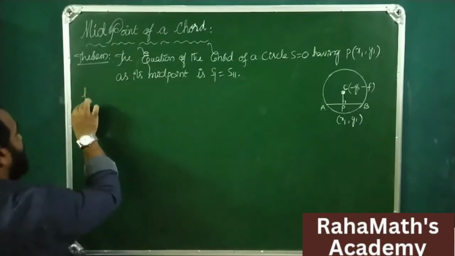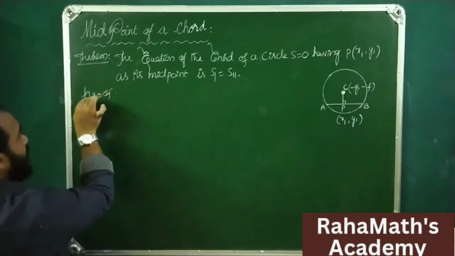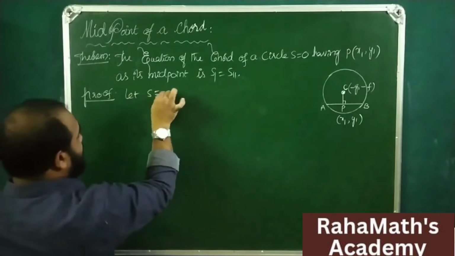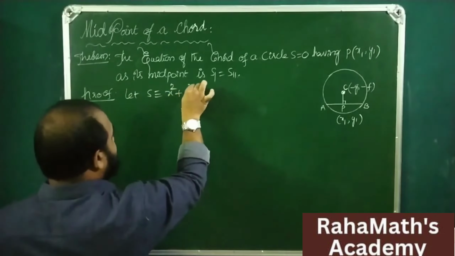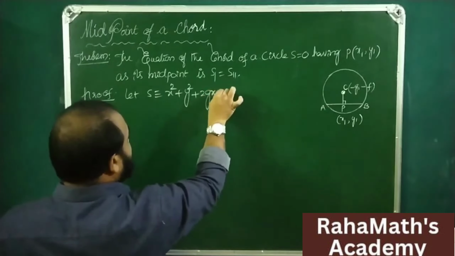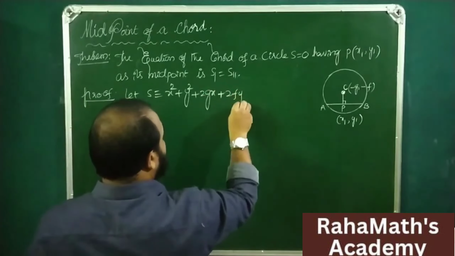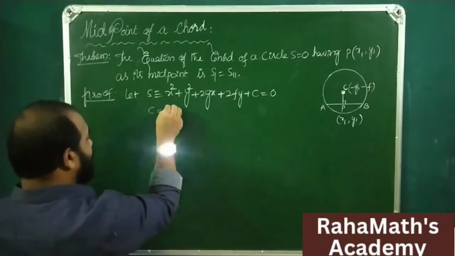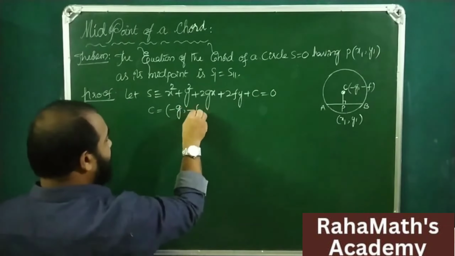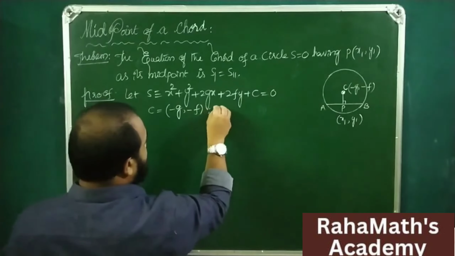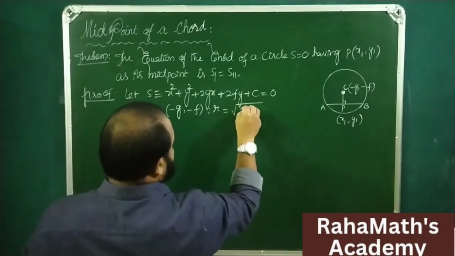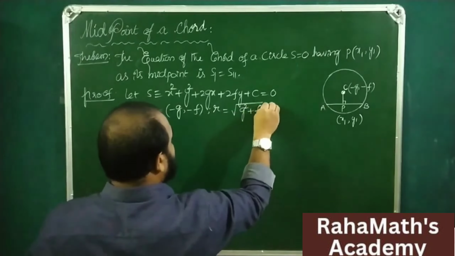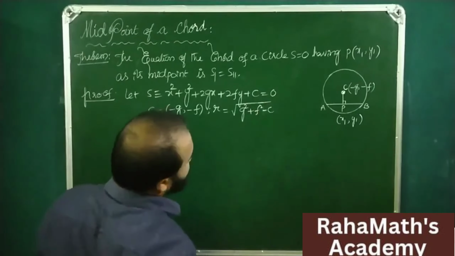So proof of this: let the circle S be x square plus y square plus 2gx plus 2fy plus c equals to 0. Then center of this is C equals minus g comma minus f, and radius is equal to square root of g square plus f square minus c.